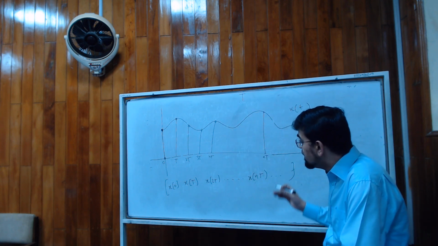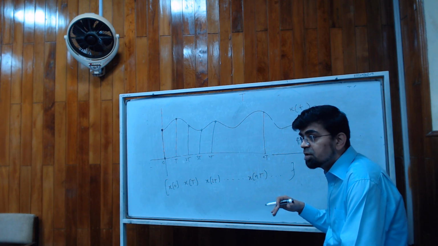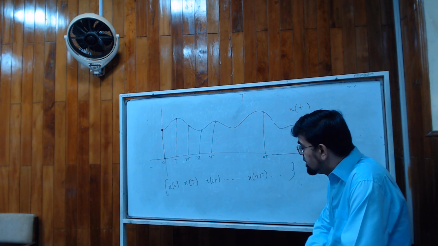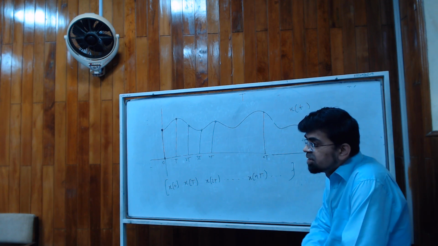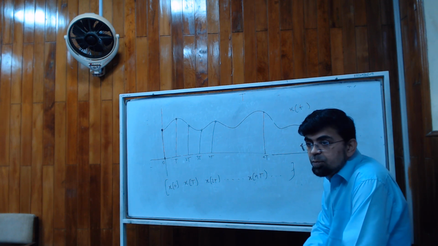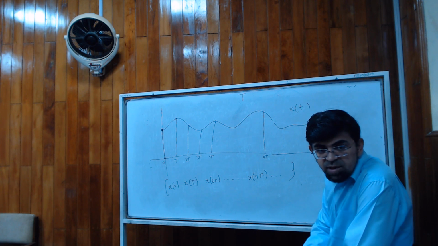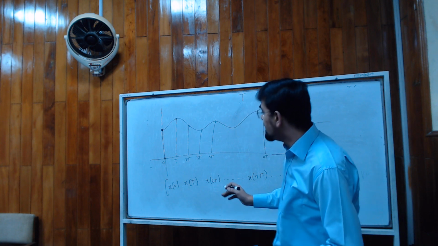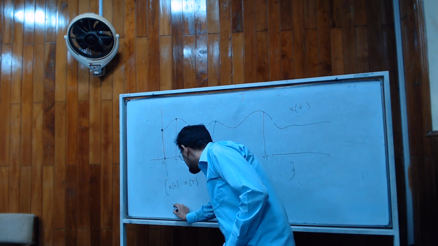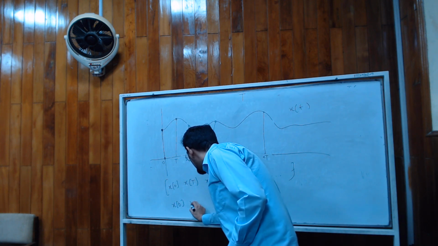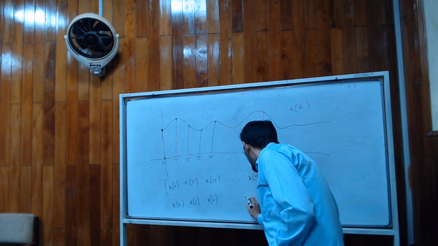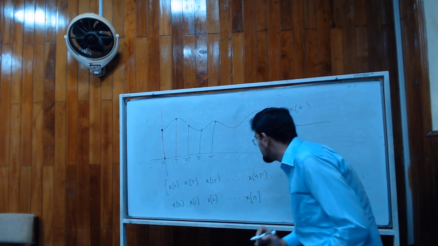Now this is where a jump comes in our notation. What we usually do is we skip that capital T. In our notation, we skip the sampling time, and we represent this as x0, x1, x2, and xn.